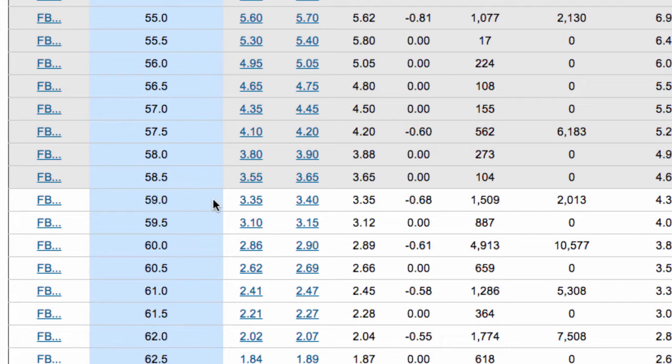The first thing we need to do is make sure that those strike prices are fairly close together. You need to be looking at options that have a strike price separation of $1 or less. So if the strike price is $50, the very next strike price needs to be $51, and the very next strike price below $50 needs to be $49.